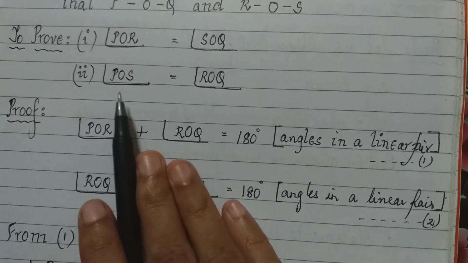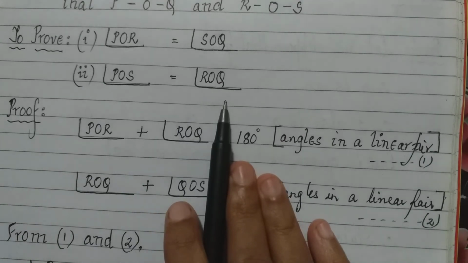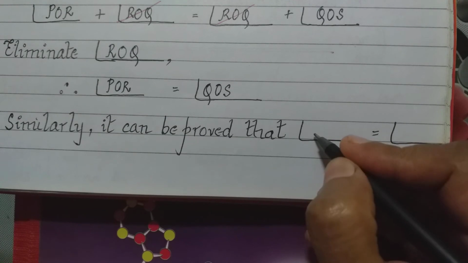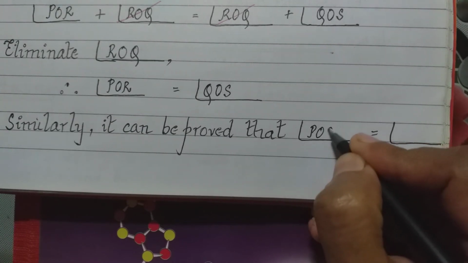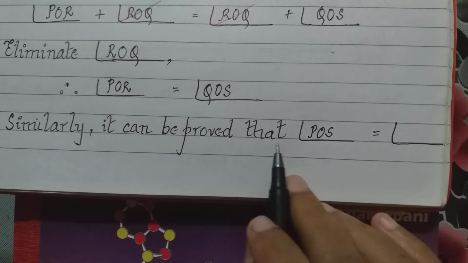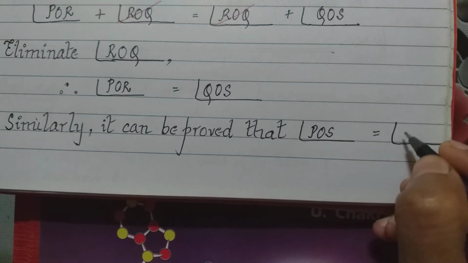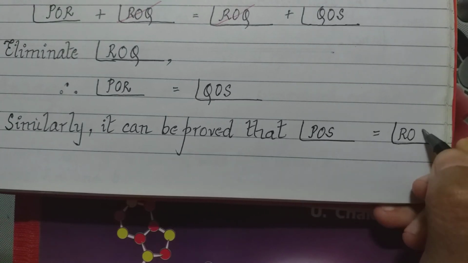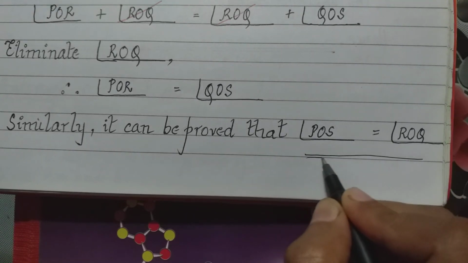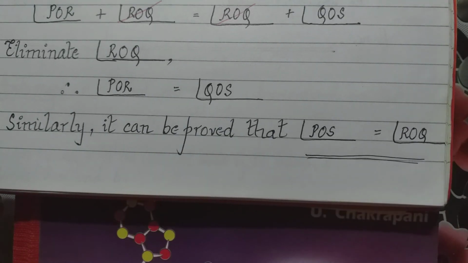So we just say similarly, it can be proved that angle POS is equal to angle ROQ. So this is how we prove and complete the theorem.